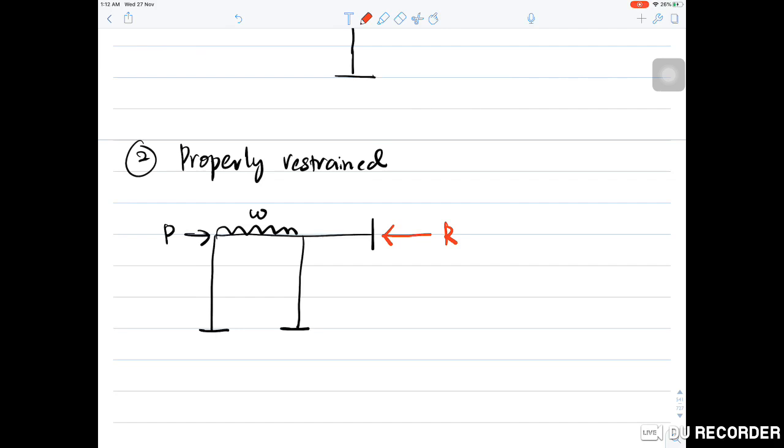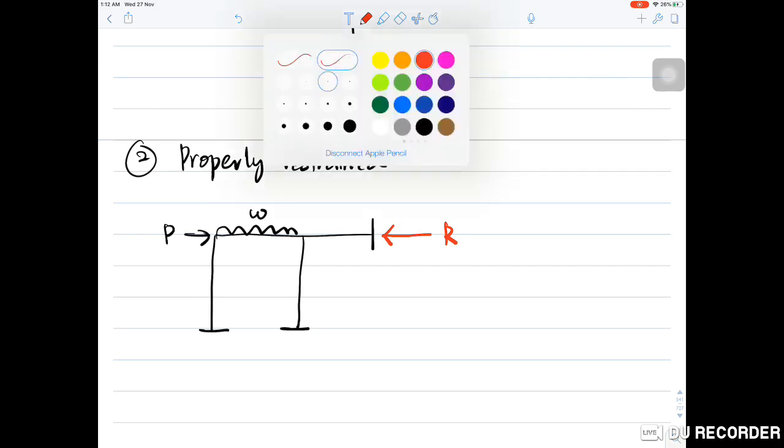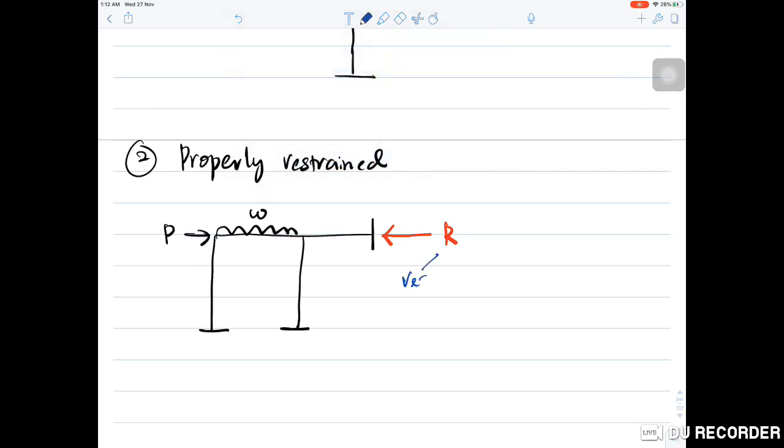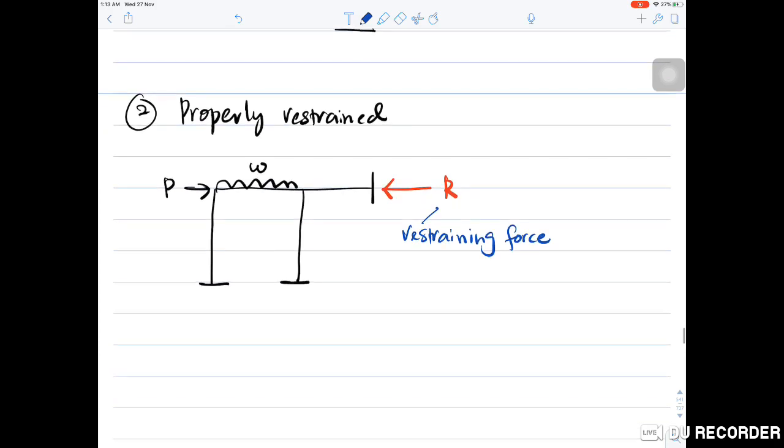Due to the support, the frame is held from sidesway, so R is called the restraining force, which comes together with the support. Our focus now is the horizontal reaction which comes with the support. So this is called properly restrained.